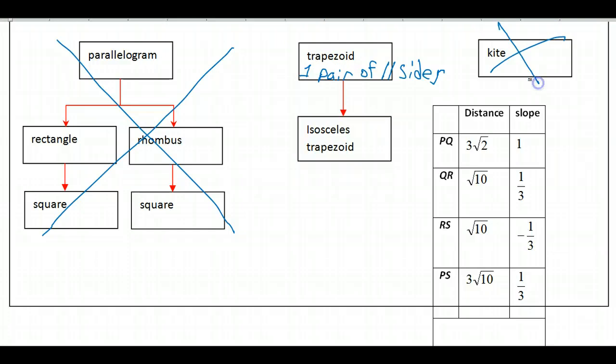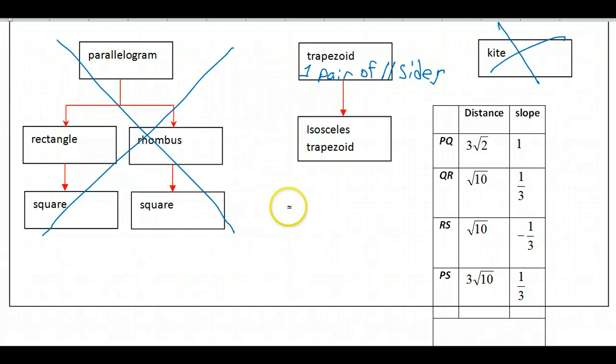So that means it's not a kite. So the only possibilities are either I'm going to say it's a trapezoid, or I'm going to be more specific and say it's an isosceles trapezoid. Now, what's the difference between a regular trapezoid and an isosceles trapezoid?